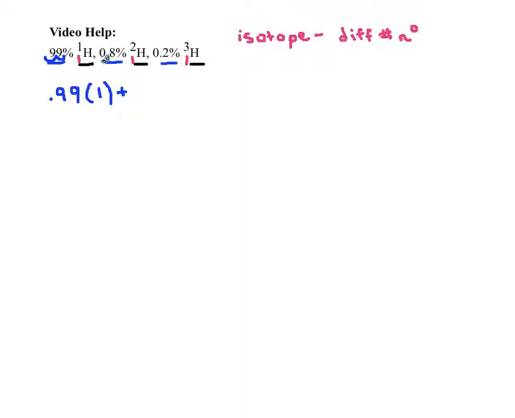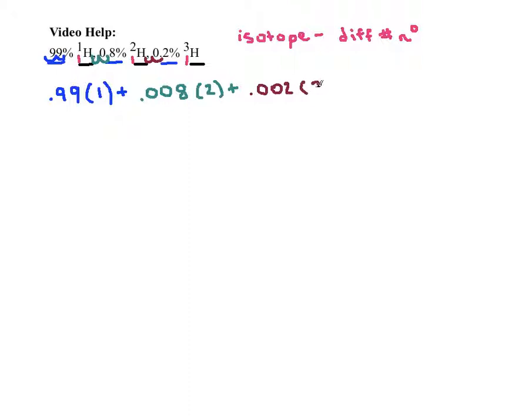Still move it 2 places to the left, so it's going to be 0.008 times the mass number, which is 2, plus, again, move your decimal place over 2 places, so it's going to be 0.002 times the mass number, which is 3.